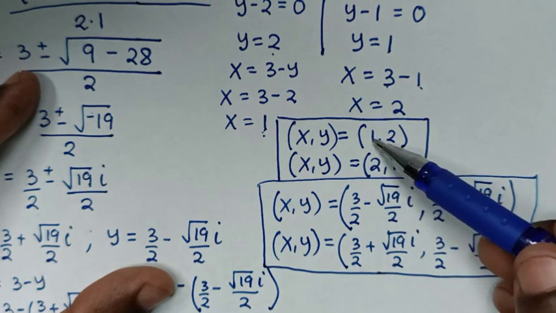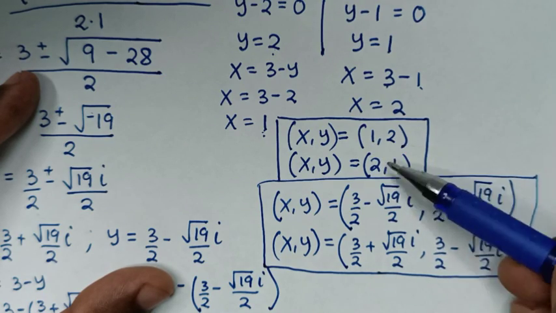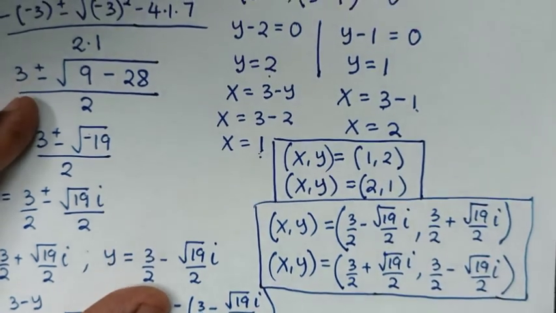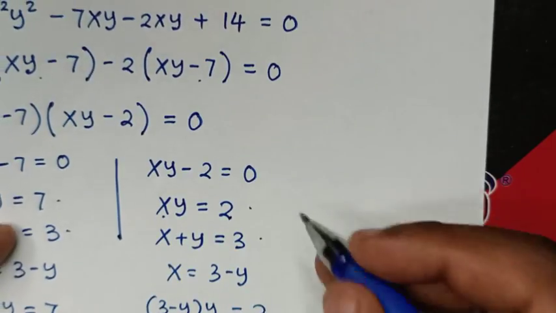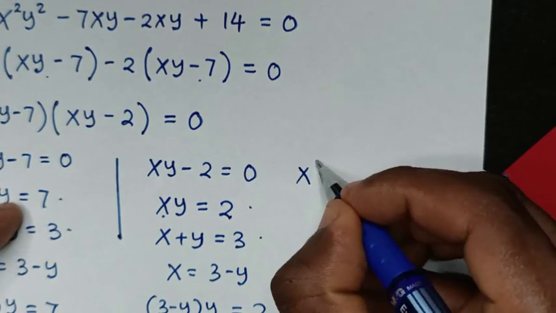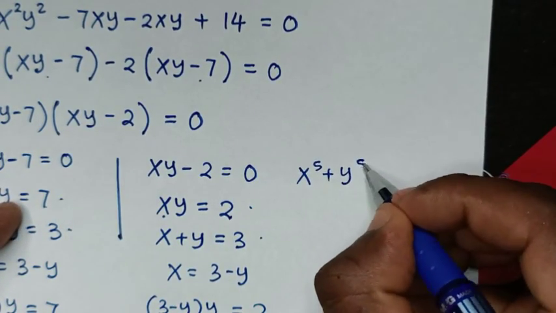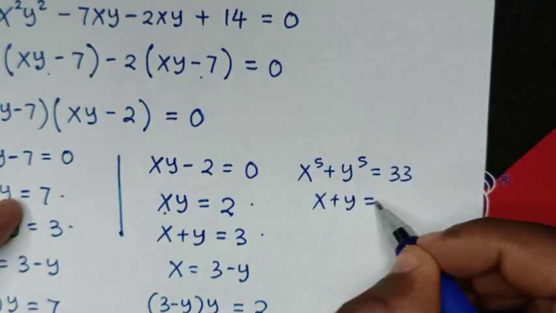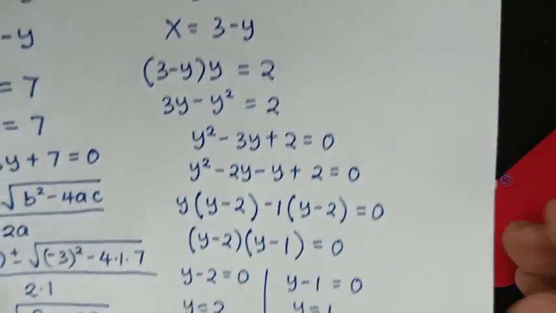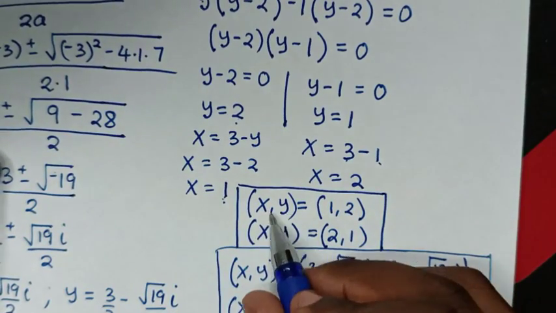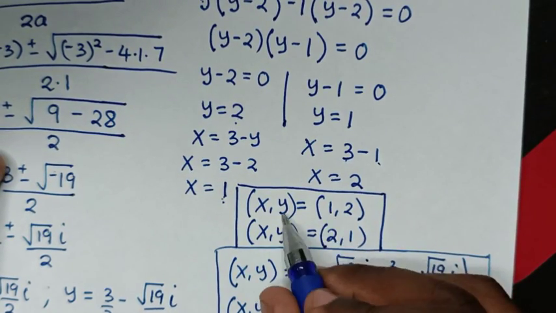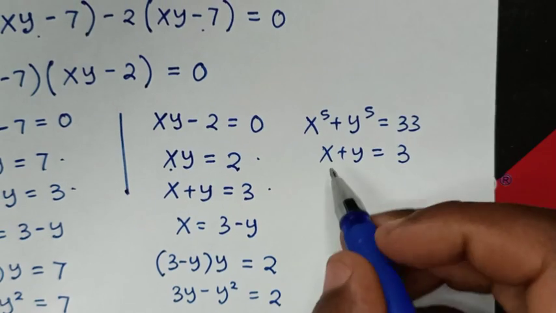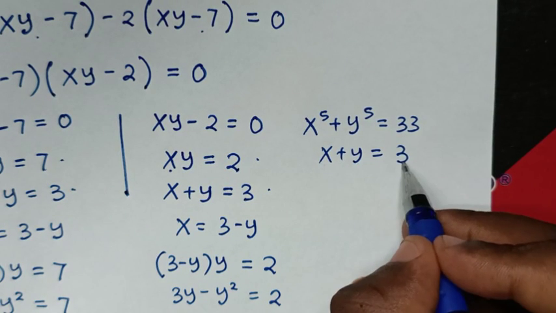Now just to check for 1, 2 and 2, 1, from our problem, which is x power 5 plus y power 5 is equal to 33, and x plus y is equal to 3. For x is 1, y is 2, here it will be 1 plus 2 is 3.